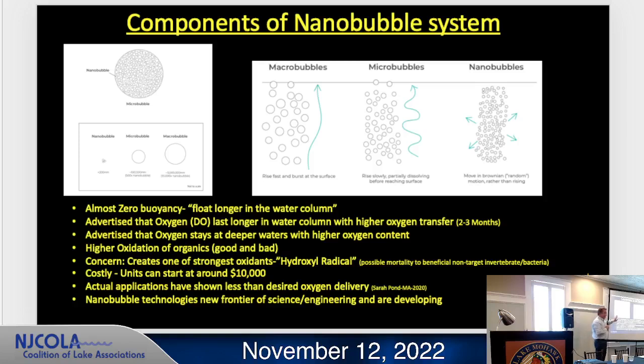There's pros and cons to everything too, so watch this. In these images, you can see it kind of go up. The microbubbles hit the surface like we just showed in the image before. The nanobubbles just do this, and they start floating around. They say they can float around for about 2 to 3 months, so this way you can actually sustain oxygen at your bottom water column.